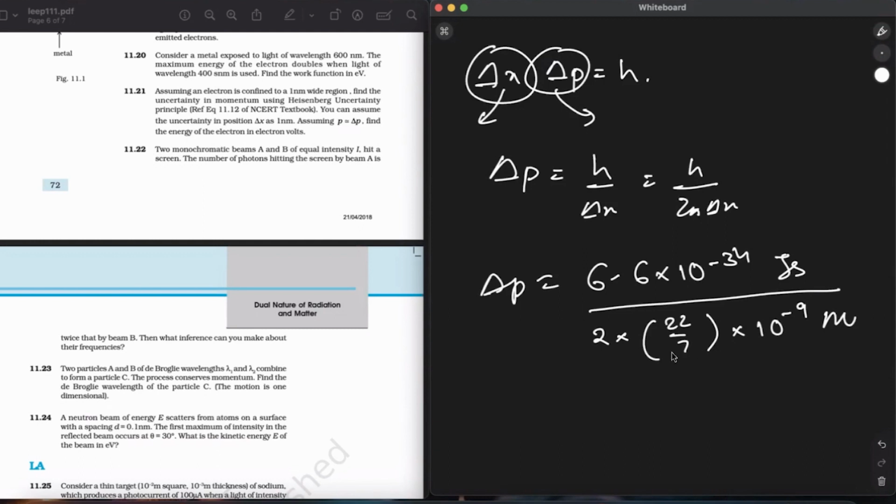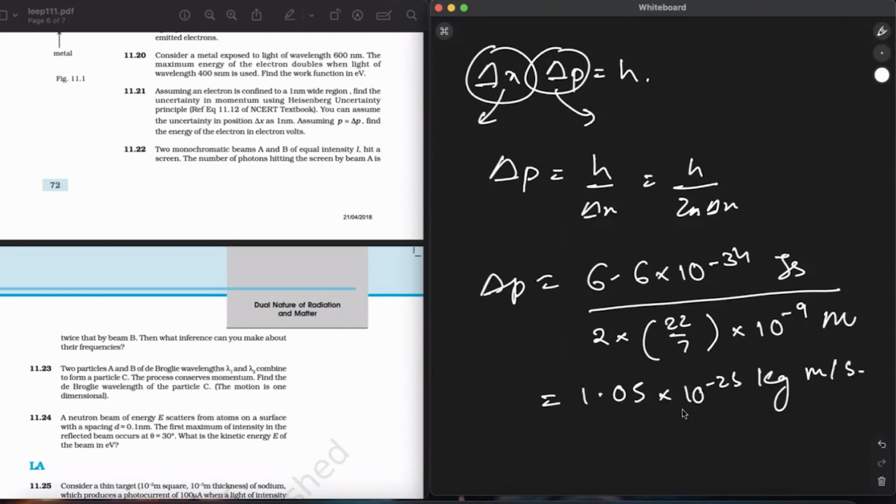Okay. Let me take out my calculator for this. So it is coming out to be 1.05 into 10 raised to the power of minus 25 kilogram meter per second.